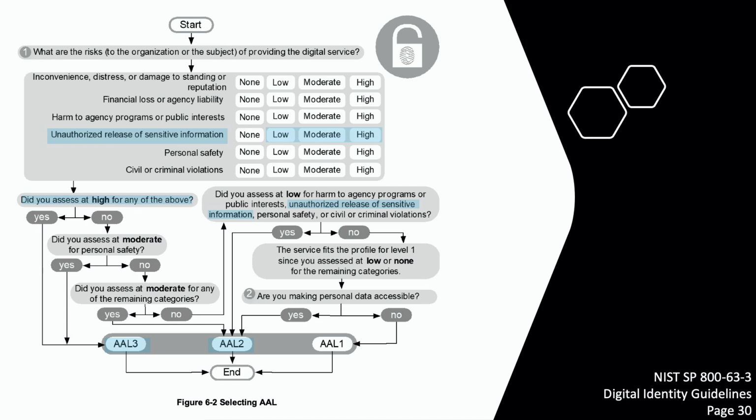And one of the questions is, are you trying to protect sensitive data? And if you answer yes, then you're immediately taken to AAL level 2. So AAL level 2 is acceptable, AAL level 3 is acceptable. So the organization has to decide what level of risk their sensitive data is, whether it is low or medium, which would map you to AAL2, or high risk, which would map you to AAL3.